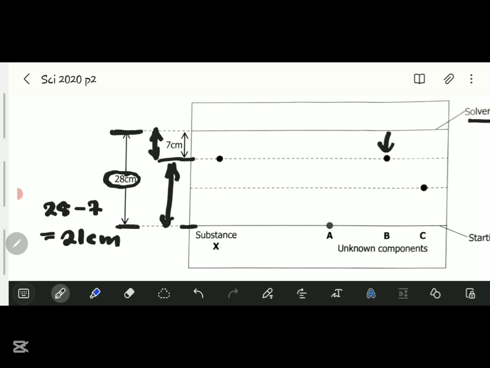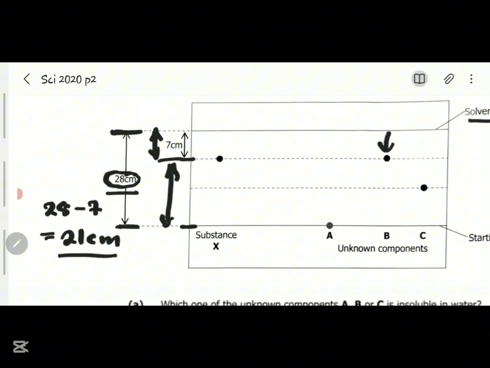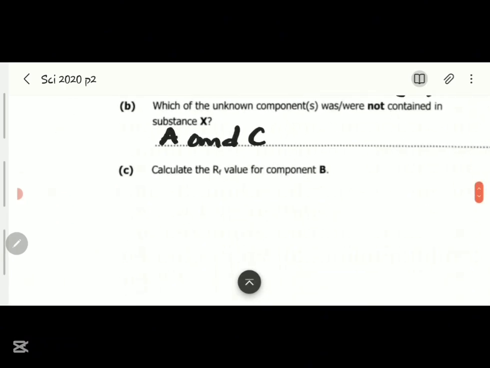All right. So distance moved by the spot B is 21 centimeters, while the distance moved by the solvent is 28 centimeters. We now go to the space provided.